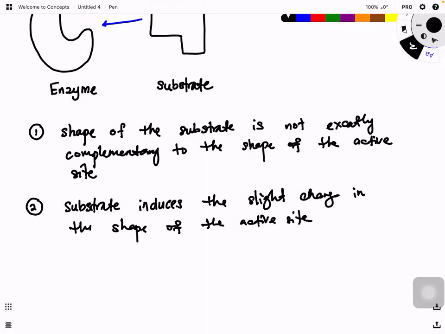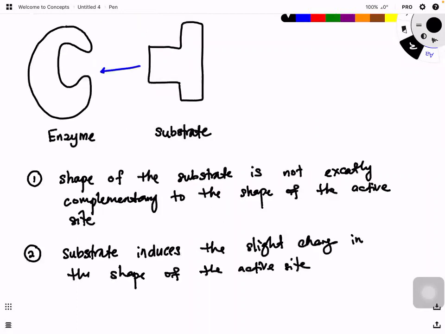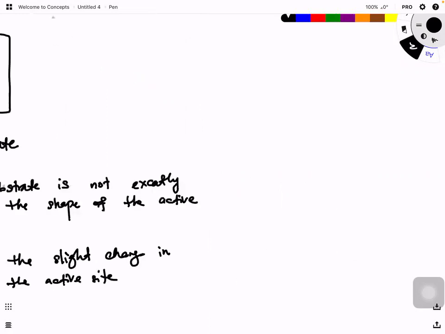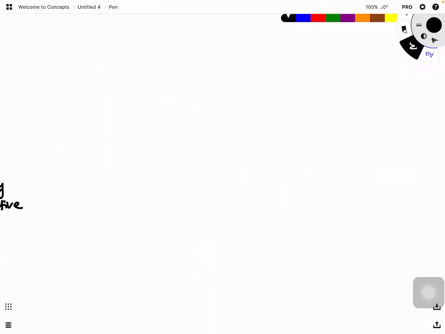So when the substrate approaches the enzyme, this even makes, are you clear? This even makes the enzyme even more specific, because only the correct substrate can induce the change. So means that when you say the shape is complementary, now look at this. When I have the shape already complementary like this, can you see that?